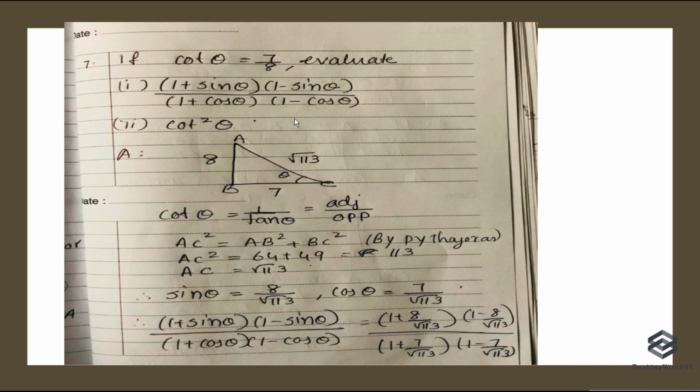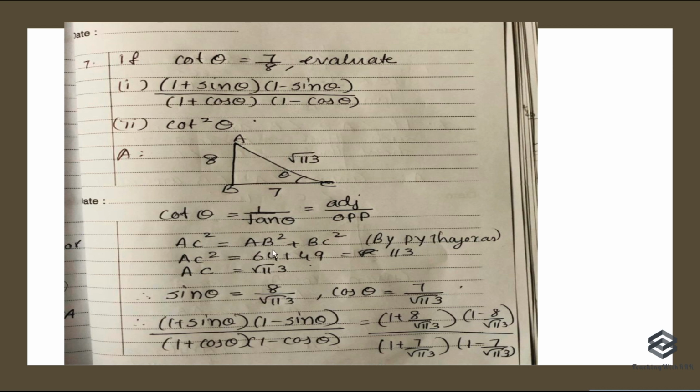If theta is here, what is cot theta? Cot theta is adjacent side by opposite side. So adjacent of theta is here BC, 7. Opposite side is AB. Therefore cot theta, you can draw like this. Here 7, here 8. Again hypotenuse is missing.